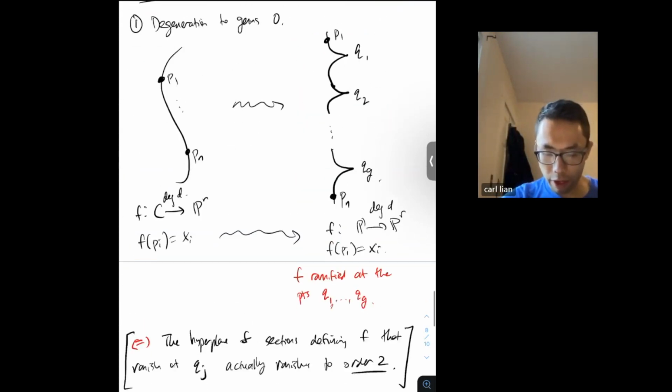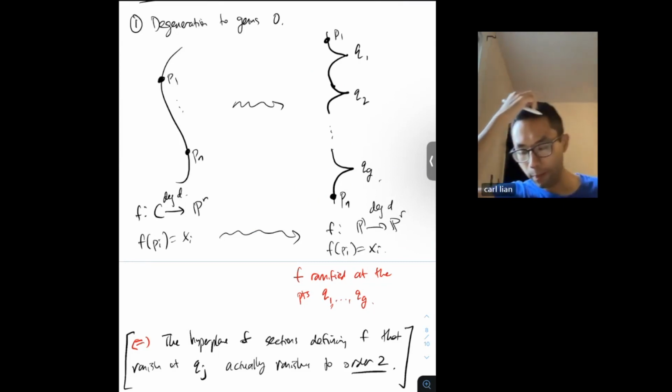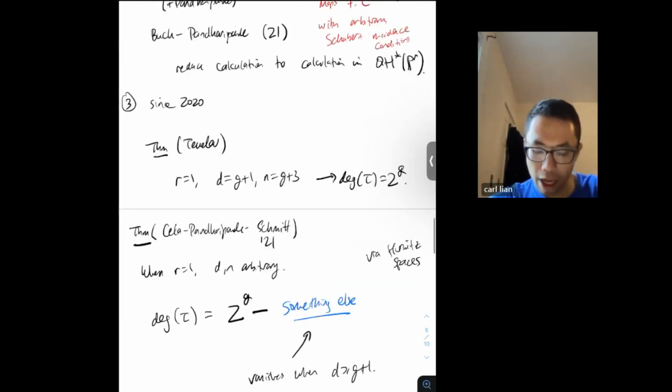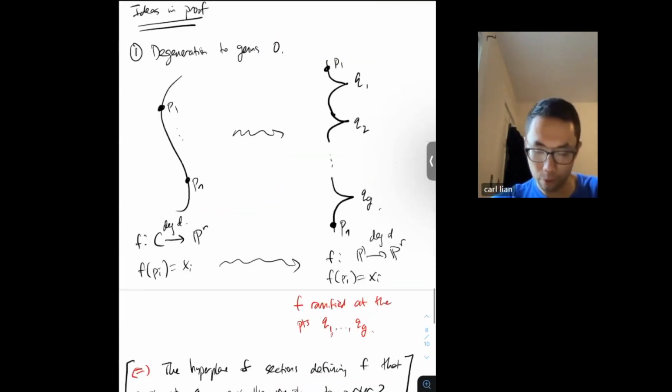I'm interested in these R plus 1 sections. The thing I've not mentioned is that you can start with a map from C to PR, and the thing you're really worried about, from the example I gave earlier where these virtual degrees are not equal to the geometric degrees, is that these sections can degenerate. The fundamental problem is, how are you going to avoid this picture?